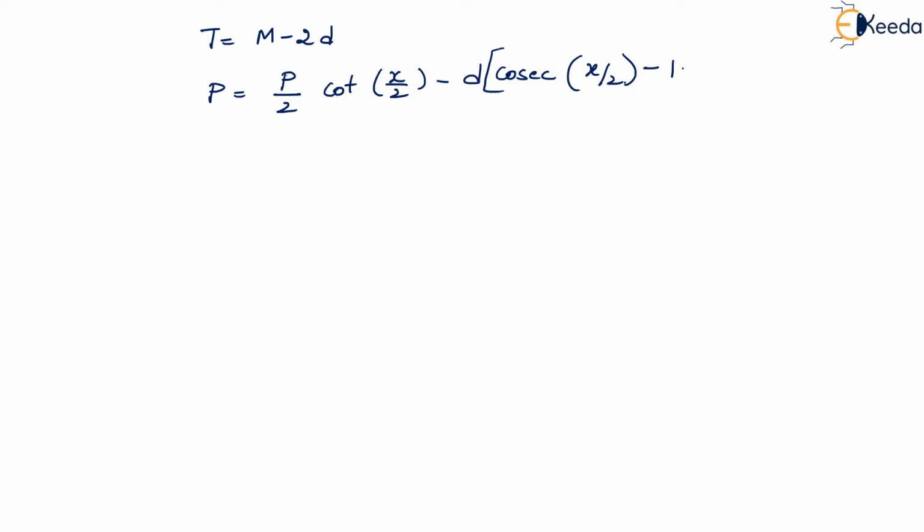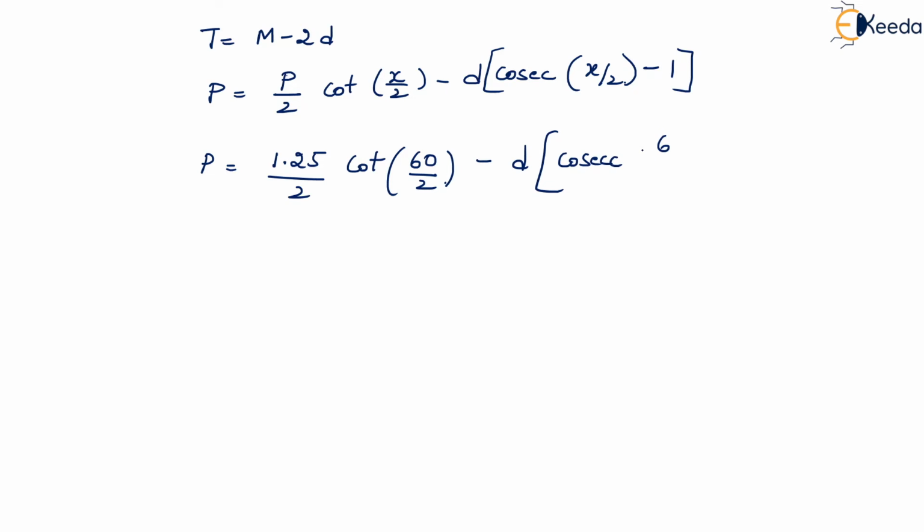Now T can be written as M minus 2d, and the P value, that is the correction factor, can be written as P = p/2 cot(x/2) − d cosec(x/2) − 1, where small p is the pitch. So P is equal to 1.25 divided by 2 cot of, for metric threads, x value is 60, so 60 divided by 2, minus d into cosec of 60 divided by 2, minus 1.